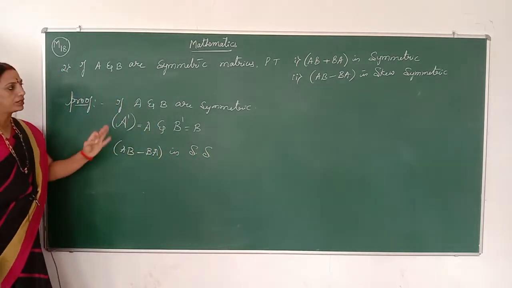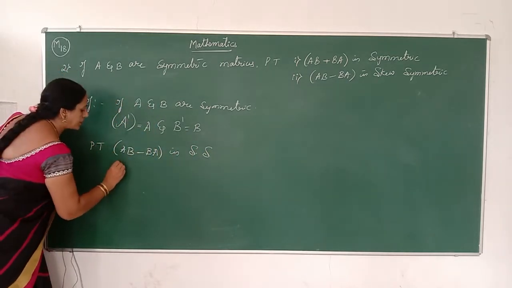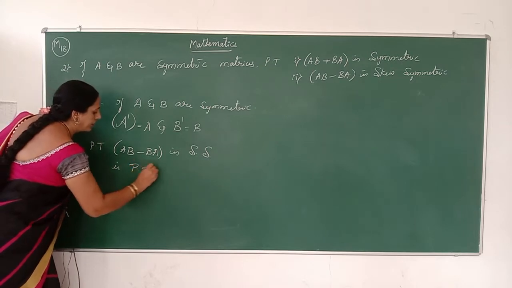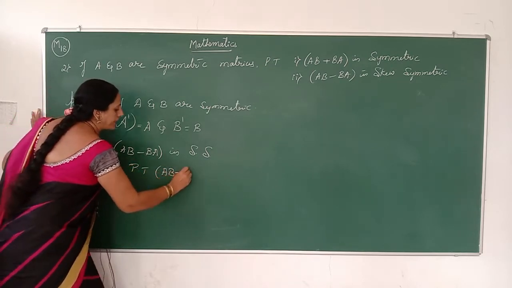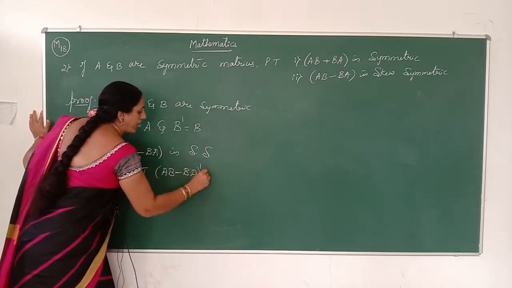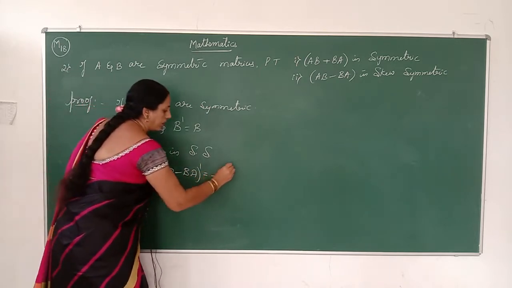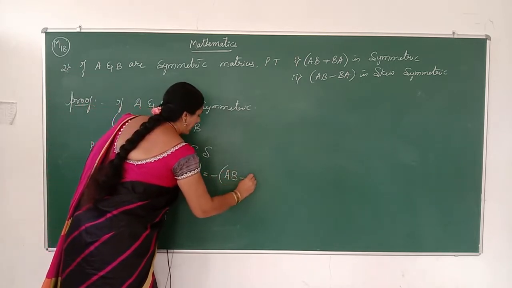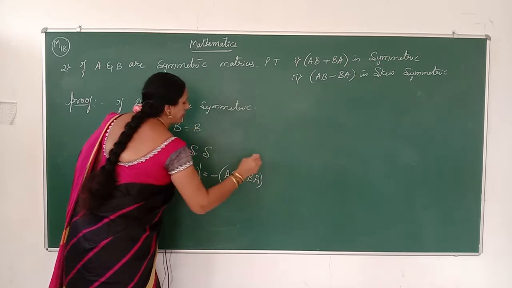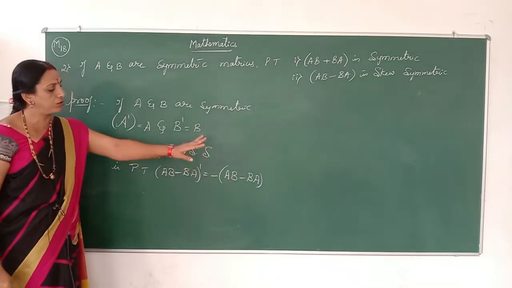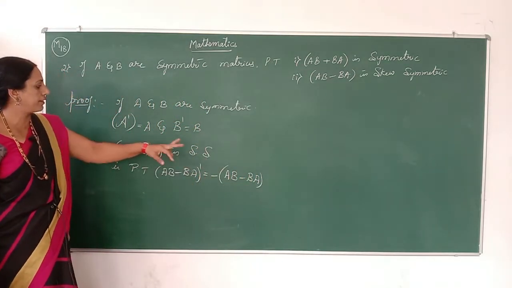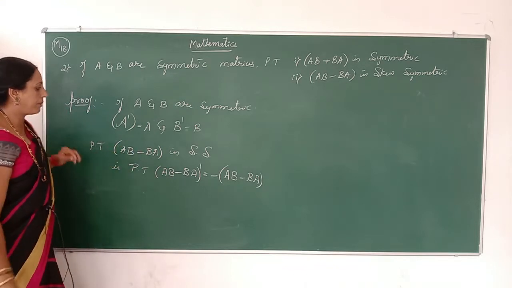SS is nothing but skew symmetric. That is, to prove that (AB minus BA) dash is equal to minus of (AB minus BA). That is in the form of A dash is equal to minus A. It's the definition of skew symmetric matrices.